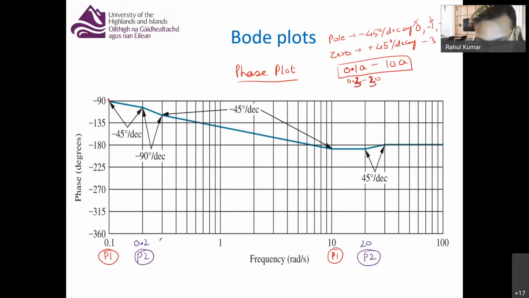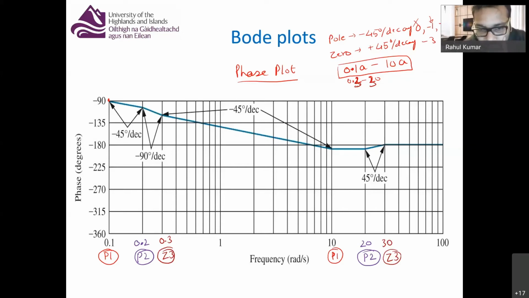So 0.3 will be here. This is my zero at 3, starting from 0.3 and going all the way up to 30. So first of all, I have identified the range from where to where the effect will happen for each pole and zero.